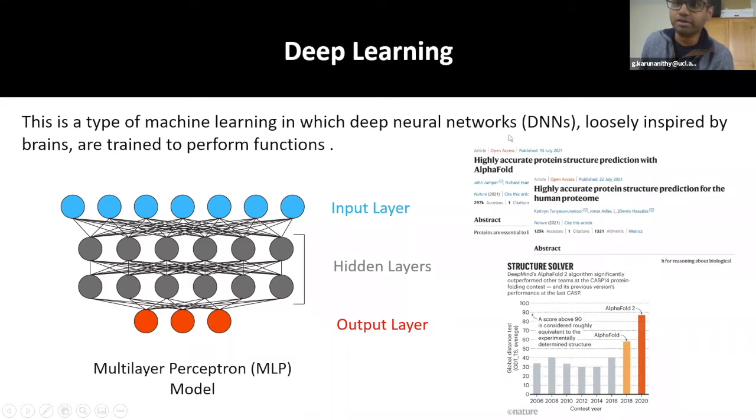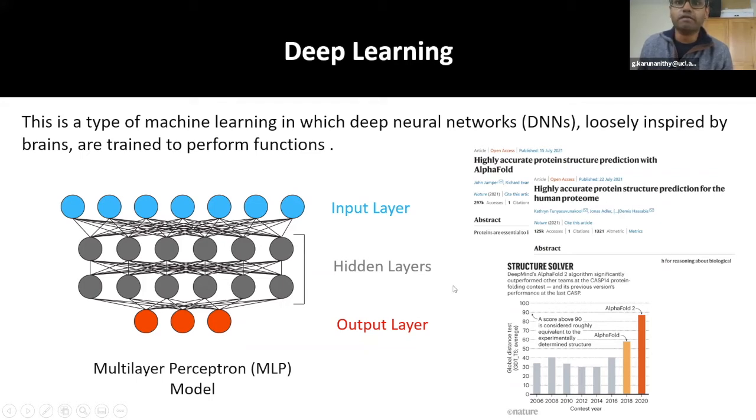AlphaFold has kind of solved the protein structure prediction problem to some extent, or certainly outperforms anything else that came before it by a significant margin. So I think there's clear potential for us to use it more in the magnetic resonance community, and I think we're going to be seeing a lot more of it going forward. And today I want to talk about our small contribution to that.